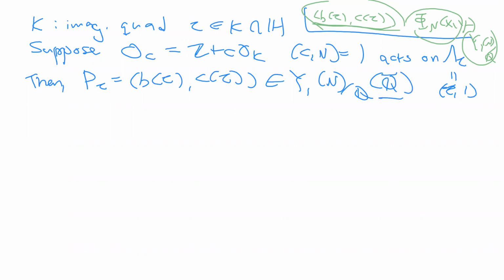So let's just say it's defined over the algebraic closure for now. It turns out, in fact, this point is defined over a ring class field L sub O_c of n. This is called an extended ring class field.